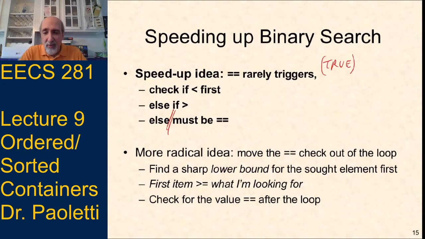The other, more radical thing we're going to do is move the equals check outside of the loop. What that means is we're going to find a lower bound on what we're looking for. We're going to find the first item that's greater than or equal to what we're searching for, so we find where it is or where it should be.